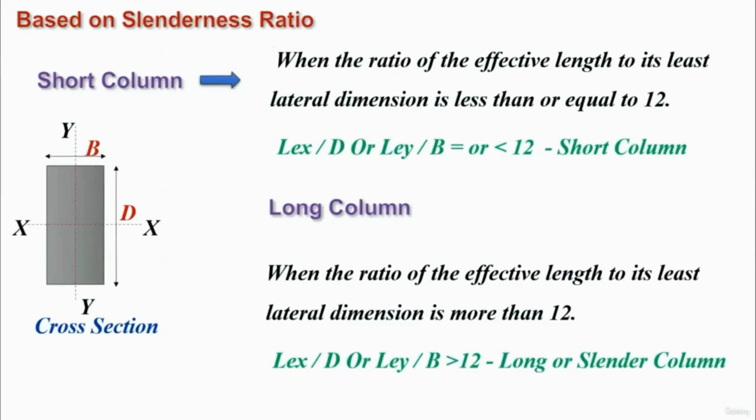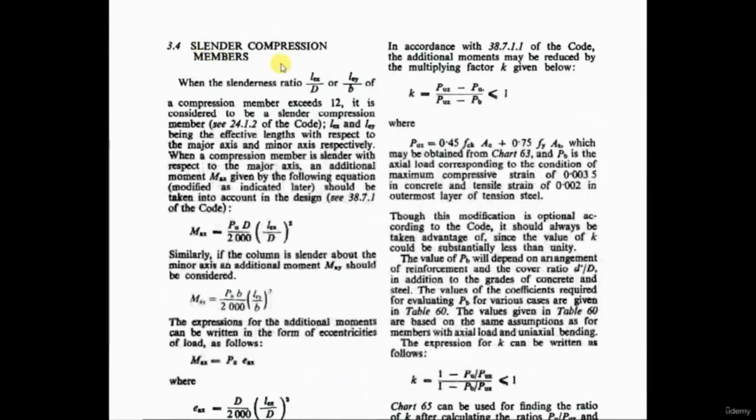When we design a long column, we need to consider some additional moment that is given in the SP16 code book. You can see here the slender compression member given in SP16, the design aid for the concrete member.